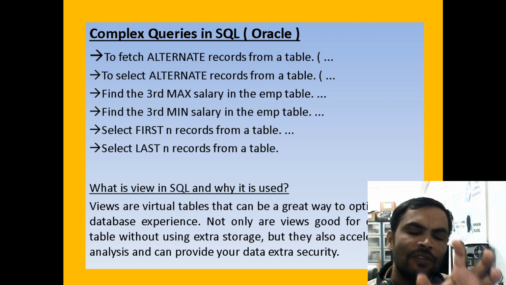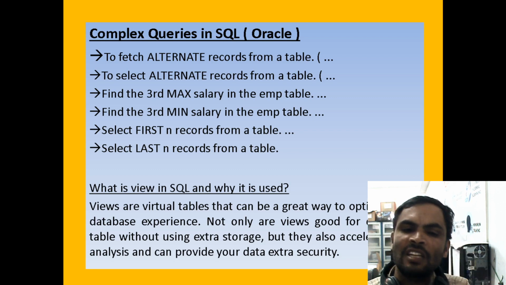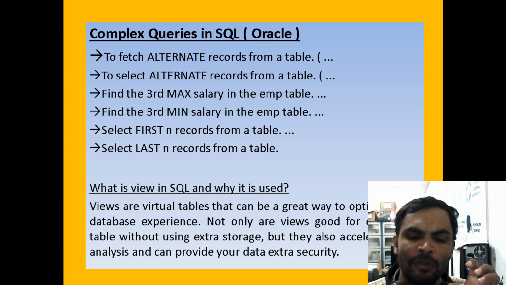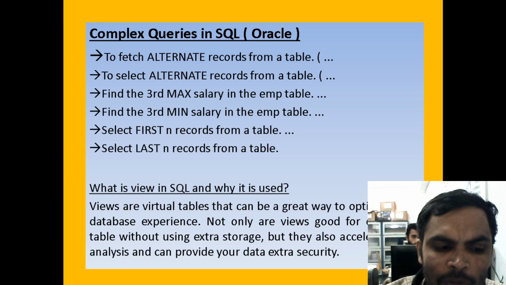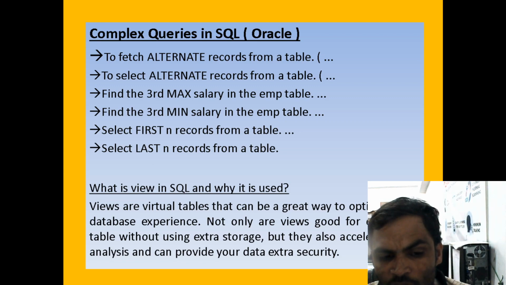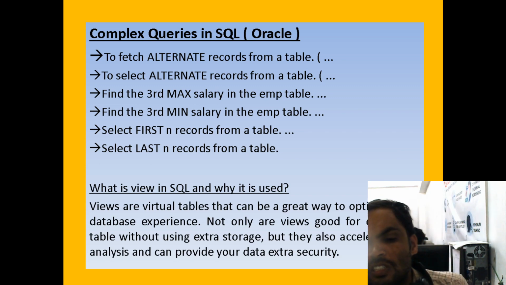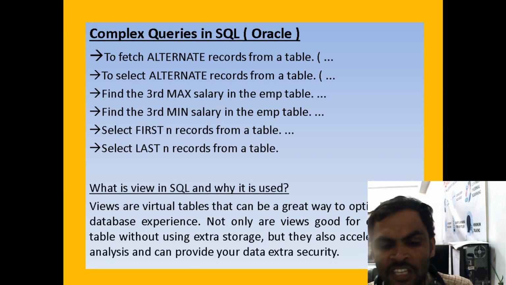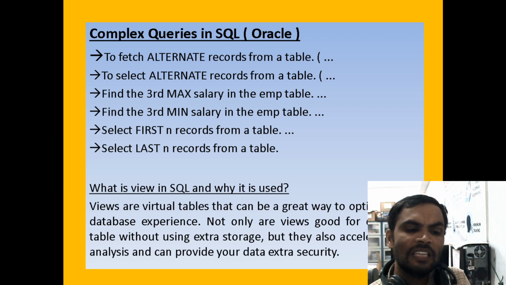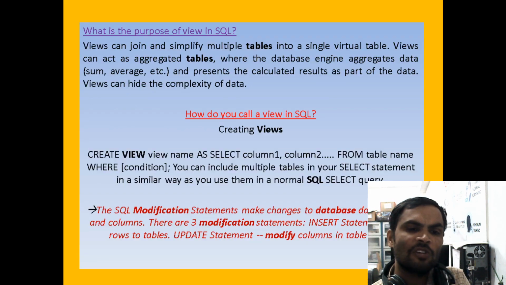For example, if there are 50 attributes in the table and you want to project only 10 columns, at that time we can go for views. Views are also good for defining a table without using extra storage, meaning it will not allocate memory at the time of creation. It can be provided for analysis purposes and for extra data security.